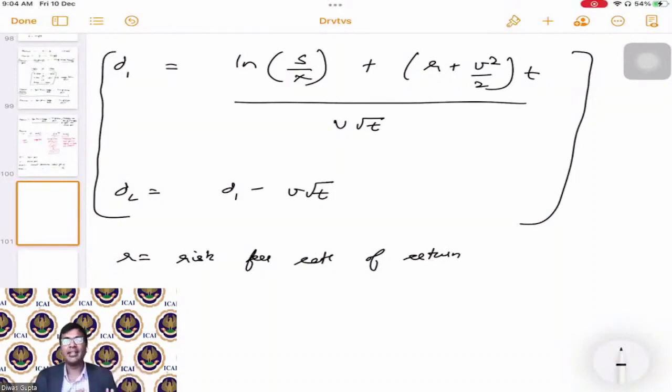You have to remember it. There would be the exact values given in the question. You have to apply it, and you have to arrive at a solution. That's all. It's just a simple formula application. Only that formula is big. That's all. Risk-free rate of return is R. T is equal to time to expiry.